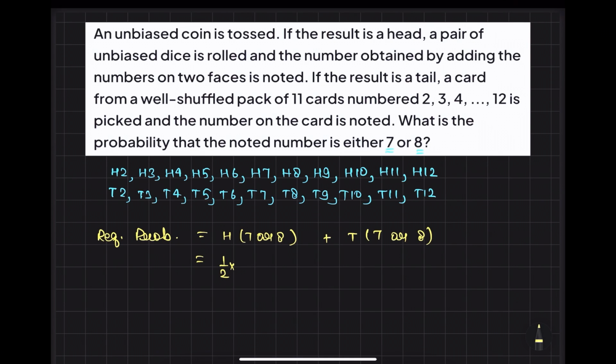So after getting head, you have to throw a pair of dice and you have to get either 7 or 8. Now if you throw a pair of dice, 7 will come up 6 times. How?